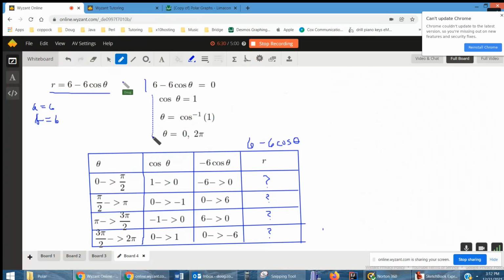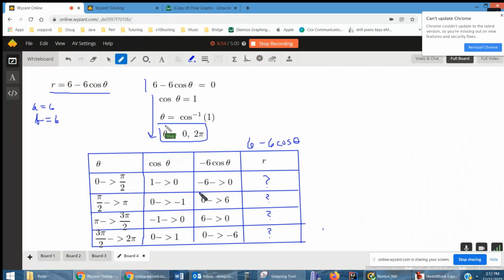You can pause the video and look at what I did here, but it turns out that the only values of theta that make r equal to 0 are quadrantal angles. So we really only have to go from 0 to pi over 2, pi over 2 to pi, pi to 3 pi over 2. And so first, second, third, fourth quadrants, cosine of theta in the first quadrant goes from 1 to 0.